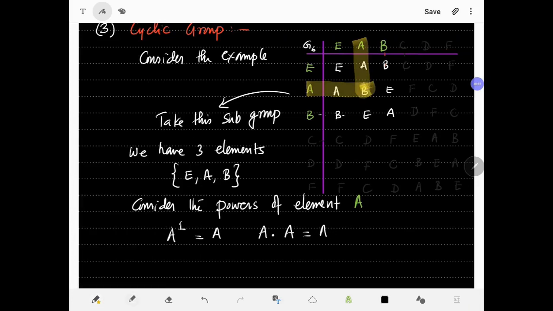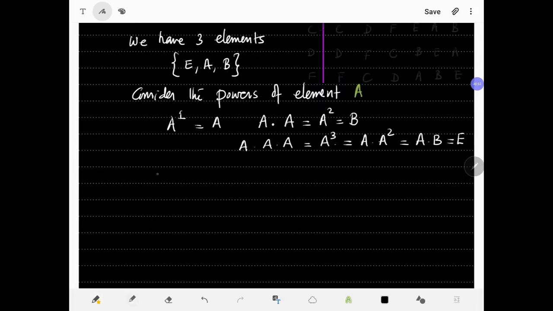And if you look at the group multiplication table, you can see that A into A is B. Answer is B matrix. Now if you take A to the power 3, which is A into A into A, which is A cube, can be written as A into A square. And we have already found out that A square is B, so it is A into B, which is equal to identity matrix, which when you go to the group multiplication table, you can see that it is identity element.